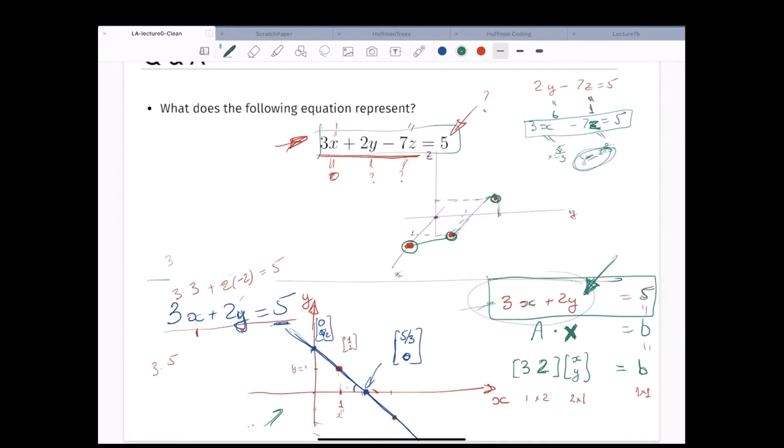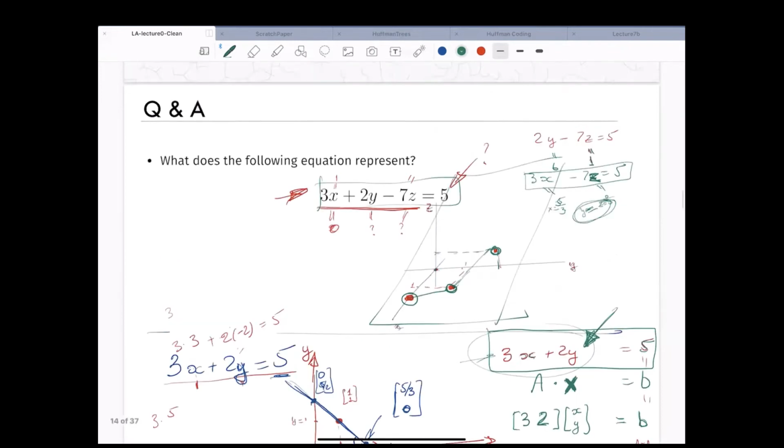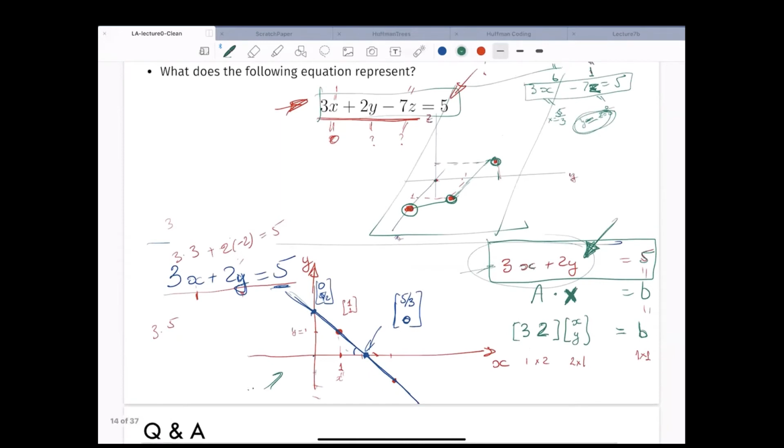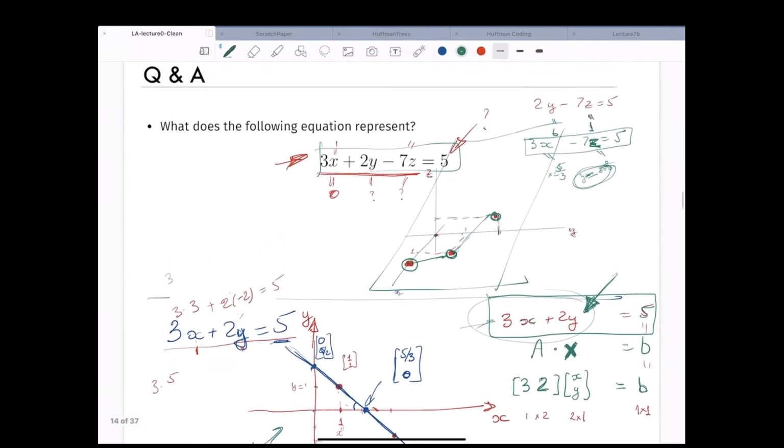My point is that this will form a plane in the 3-dimensional space. It's hard to draw, but you see that it's a plane. You can pick 3 points and imagine it. It's easier to imagine than draw, unless you're good at drawing these things.